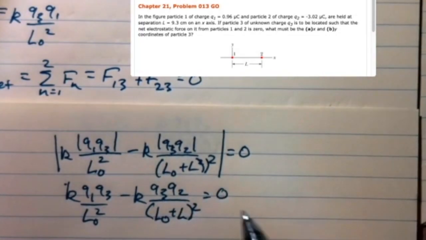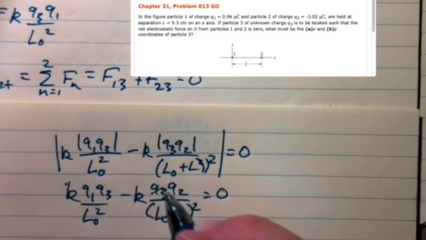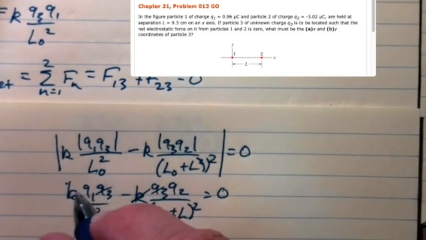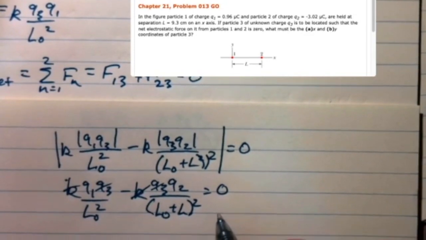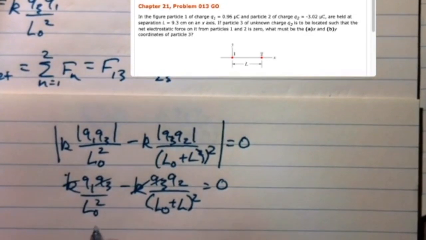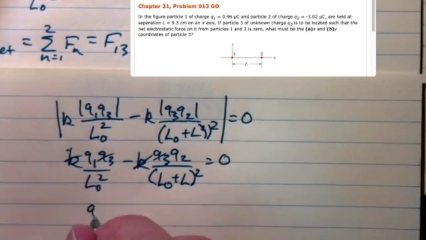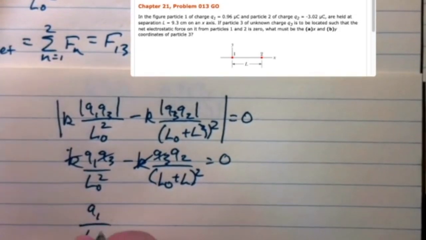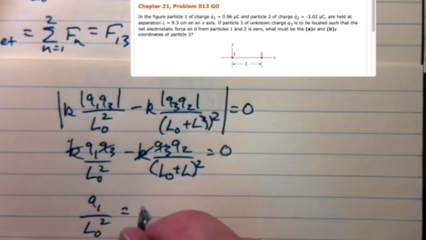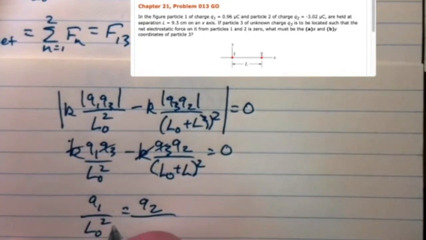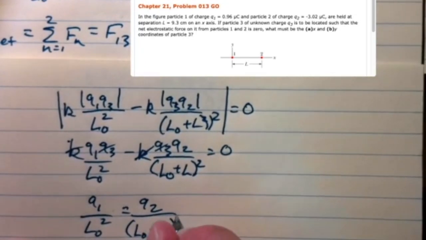Alright, well this is good because right away I can see that Q3s are going to cancel, my K's are going to cancel, and now I just end up with this part here. So I will get Q1 over L0 squared is equal to Q2 over L0 plus L squared.